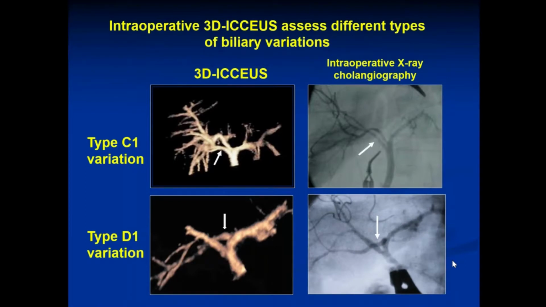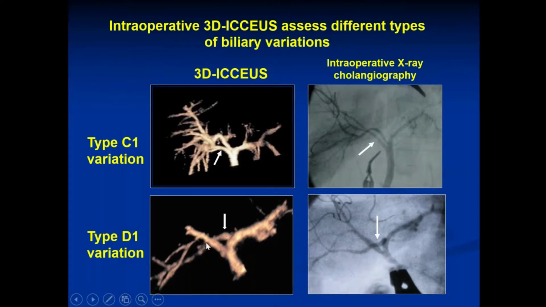Intraoperative 3D ICCEUS can assess different types of biliary variations. For example, this is type C1 variation. That is the right anterior bile duct originates from the common hepatic duct. And this is the type D1 biliary variation.